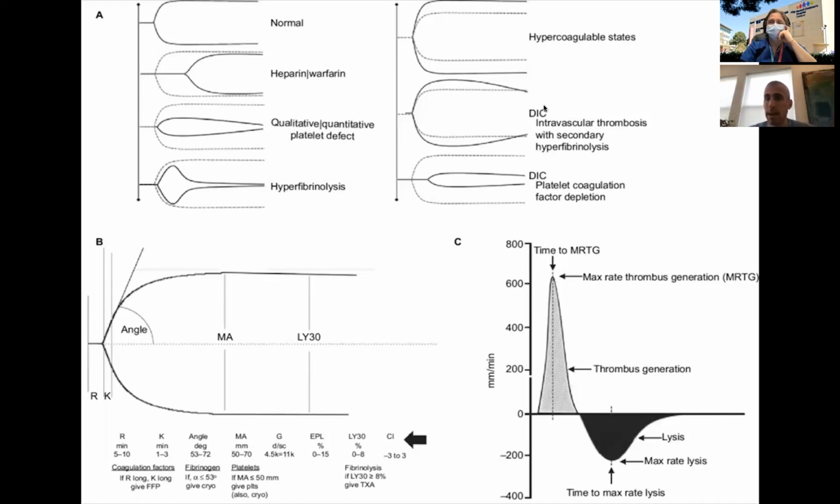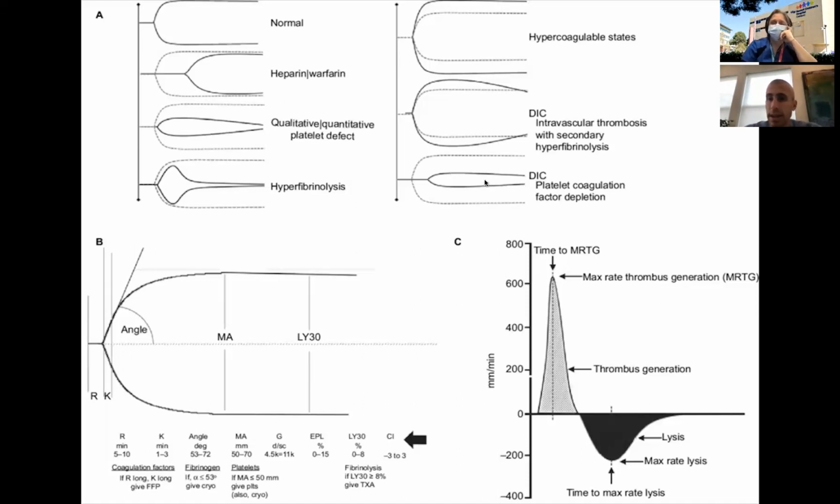So they get really big and they break down. And you can see that on this graph, right? The TEG actually shows you that this is happening in your patient because the clot forms and it gets really, really big. And then you see how it starts to break down faster than you'd expect. It's kind of going down. So this is a case of DIC with thrombosis and secondary hyperfibrinolysis.